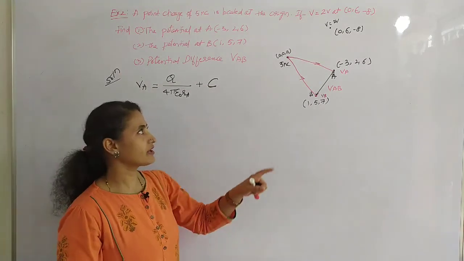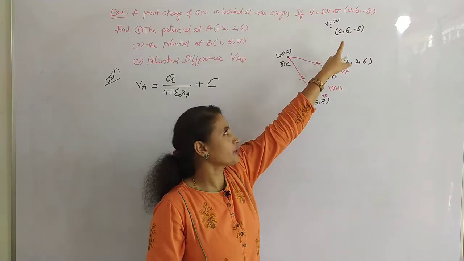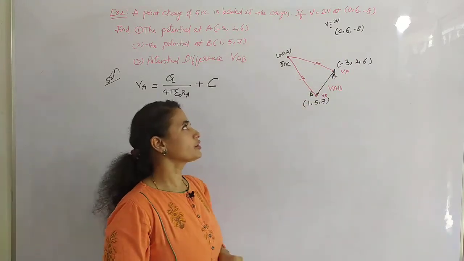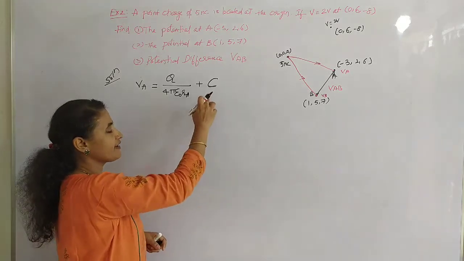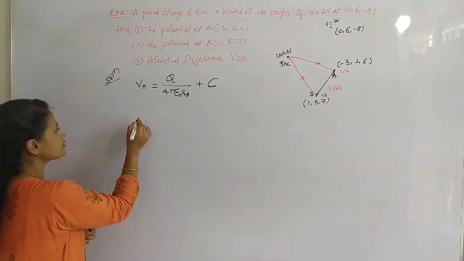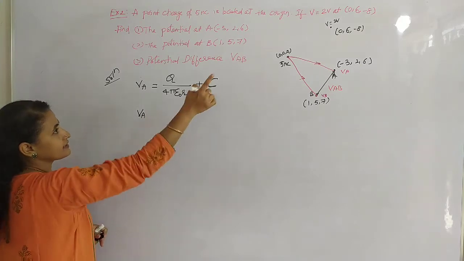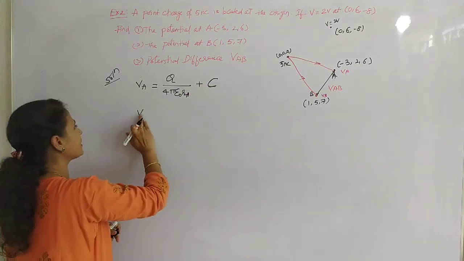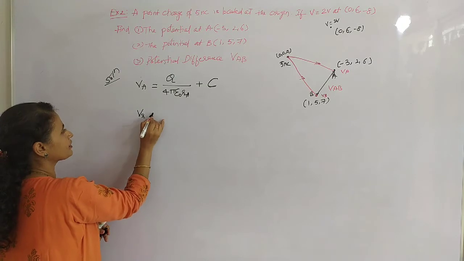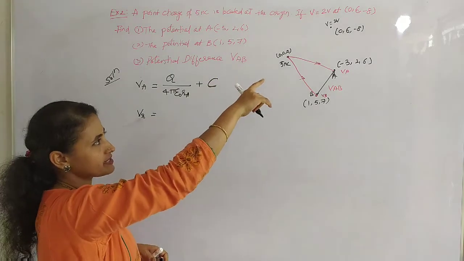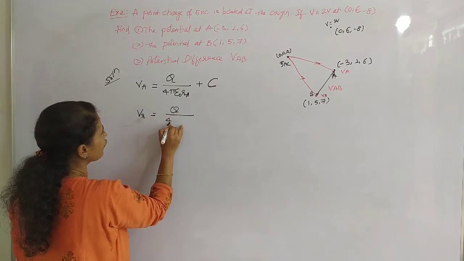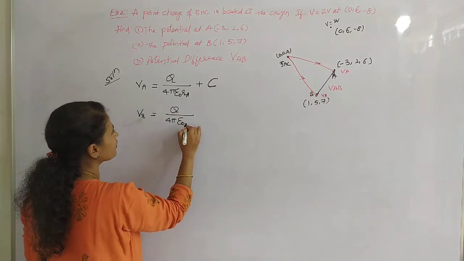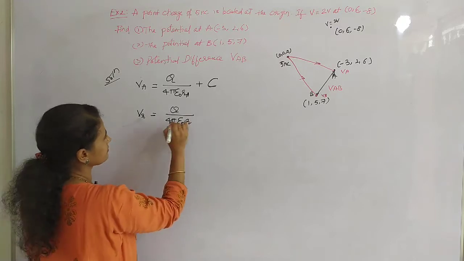Other than that, they have given some additional information: the potential at some given coordinates is 2 volts. Let us use the information given to obtain the constant C. V equals Q by 4 pi epsilon naught r.